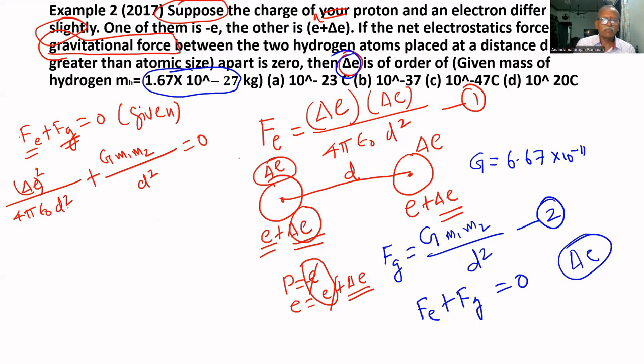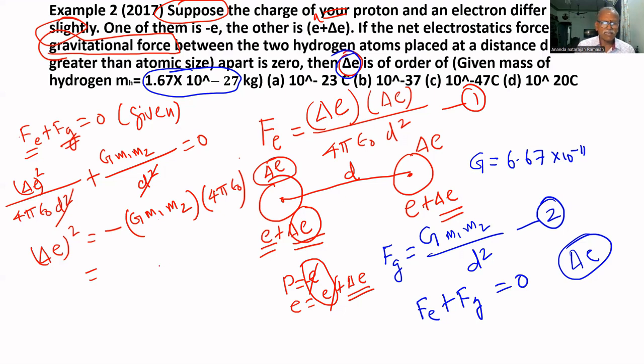If you take d square outside, or bring it to the right hand side, in both cases we can cancel it. So delta e whole square equals minus G M1 M2. After bringing this to the right hand side it becomes minus, then multiplied by 4 pi epsilon naught.